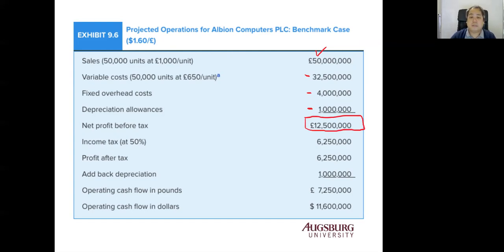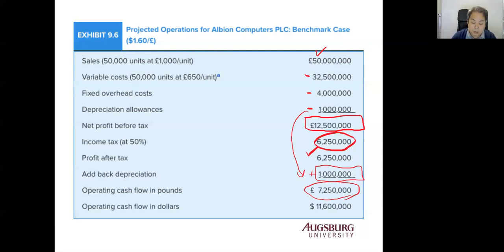And then income tax is 50%, a high-tax country, right? So you pay half of it as tax. So your net profit is 6.25 million pounds. And you have to add back the depreciation because depreciation is not a cash item. So eventually, your operating cash flow in British pounds is 7.25 million pounds.